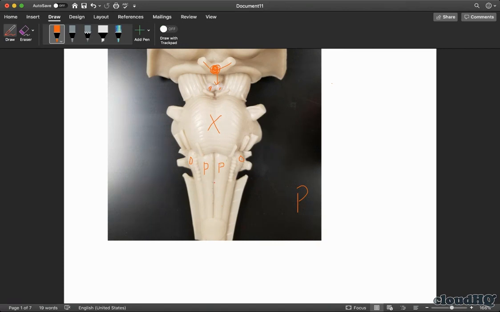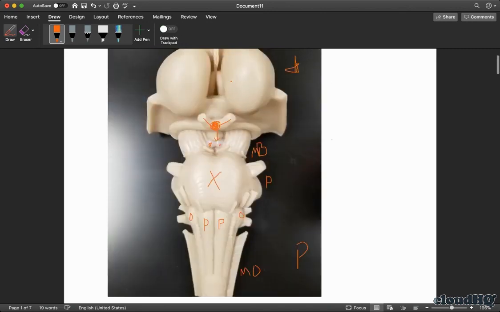Again, a pyramid in the medial portion and another olive on the other lateral portion of the medulla oblongata. Okay? Pons, and then midbrain. Okay, so that's really all that you need to recognize from the brainstem model.